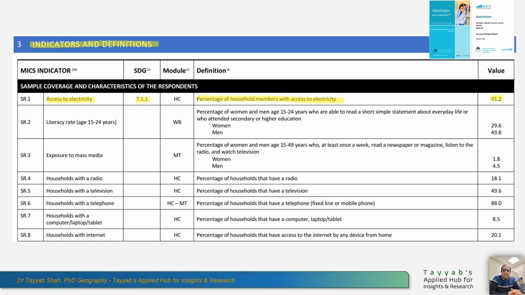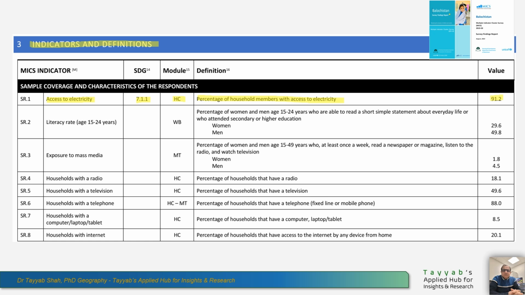So this is the module, the household level data sets, because the survey includes both some variables at the household level and some variables at the individual level. This is the way they give you the complete information and all the possible and critical indicators which you can choose for your research.